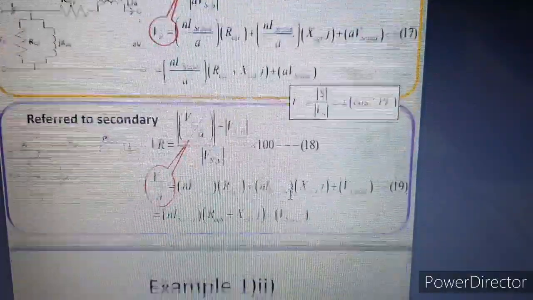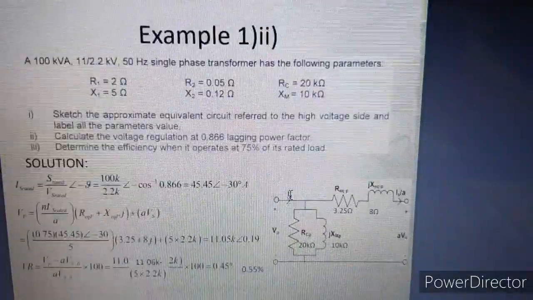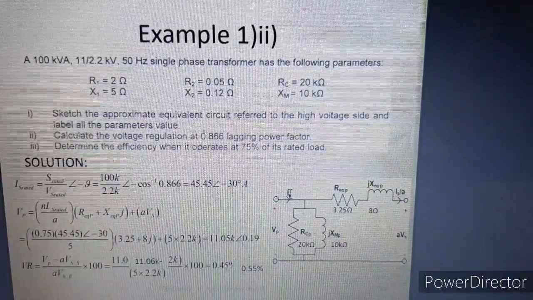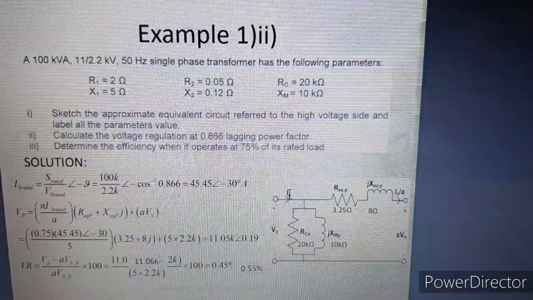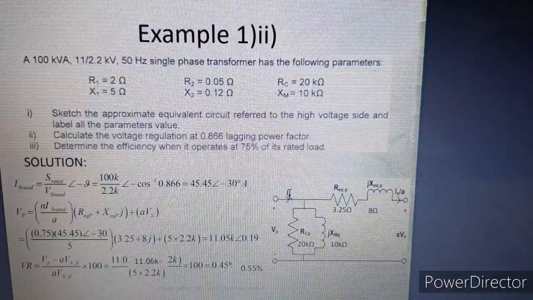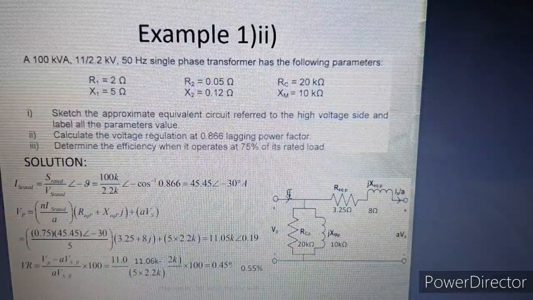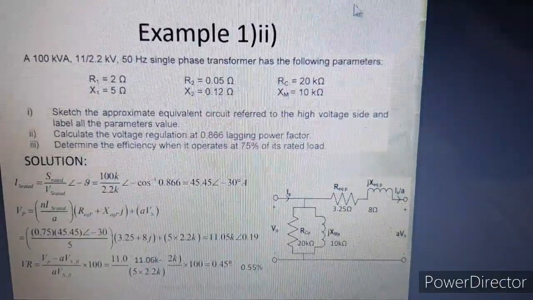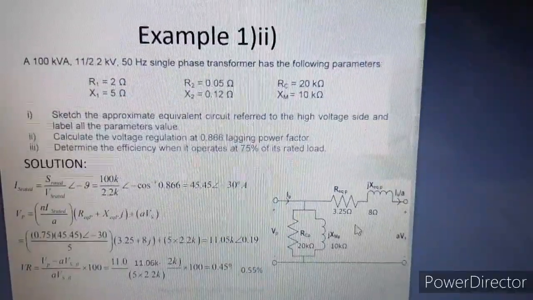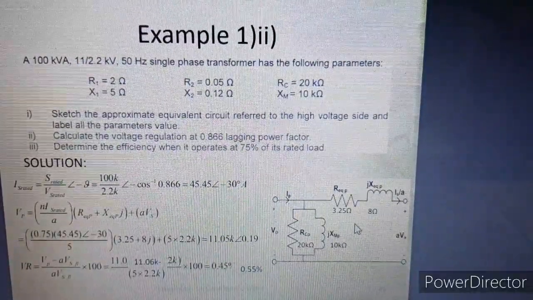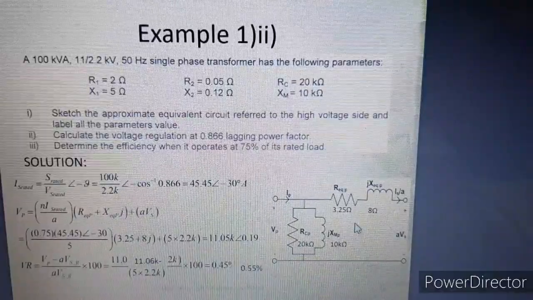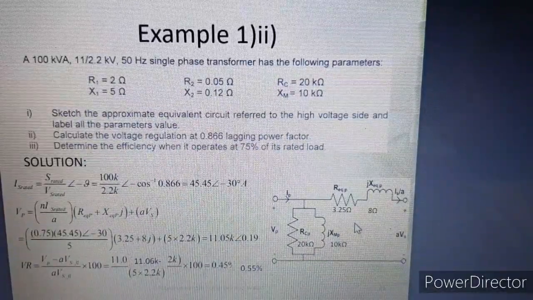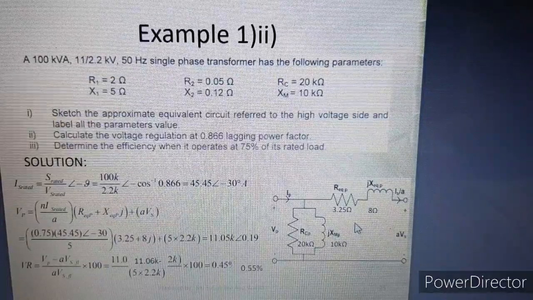So you can choose whether to use referred to primary or referred to secondary if you have both of them. But if you have only one of them, just use whatever you have. For this example we only have referred to primary, so just use the referred to primary circuit and the corresponding formula.